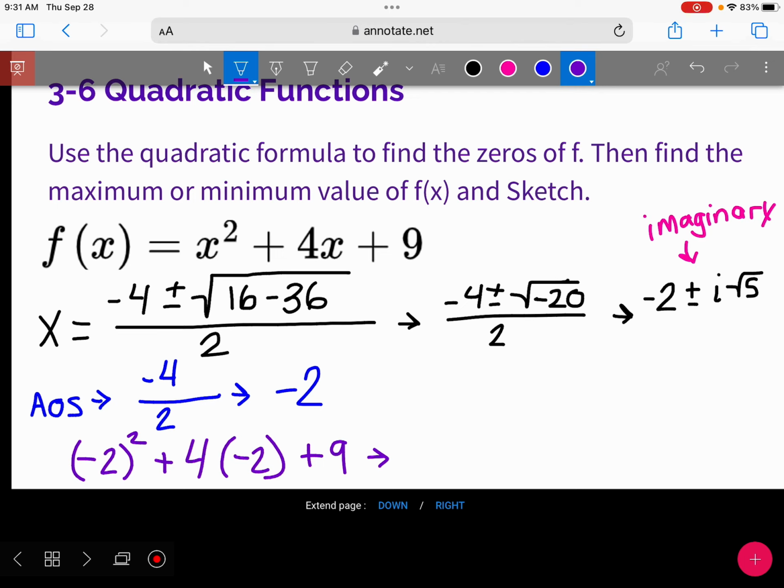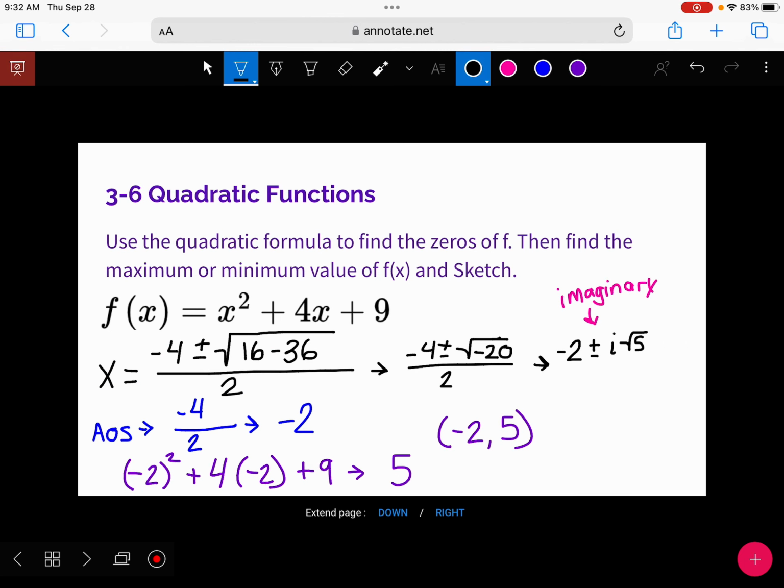So we get 4 minus 8 plus 9. What's the y value? 5. I just heard it come from enough places that I was confirming. So our vertex is the point negative 2, 5.